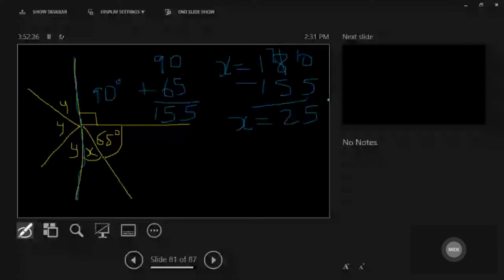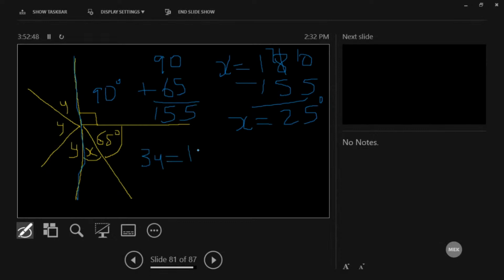Now y. Focusing over here now, these three angles are on a straight line as well. They're on the same straight line over this side. So they must add to 180, and each of them is the same. So 3y gives 180. So y is 180 divided by 3, which is 60 degrees.